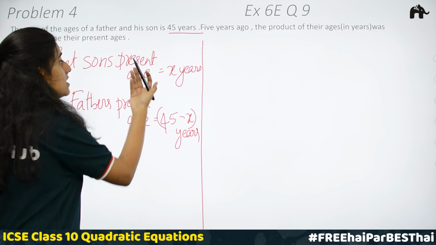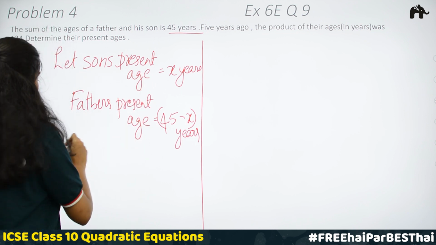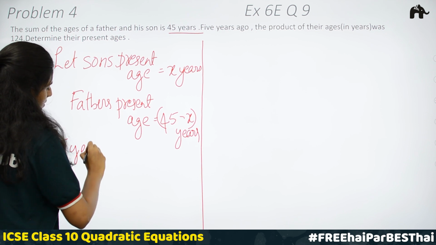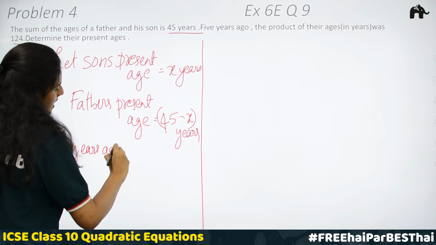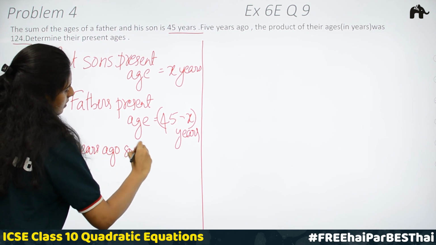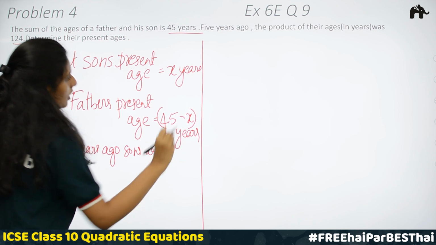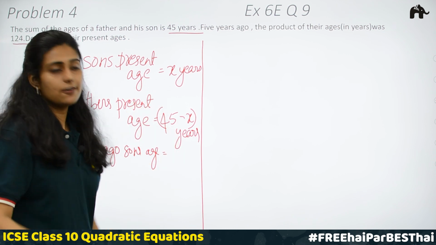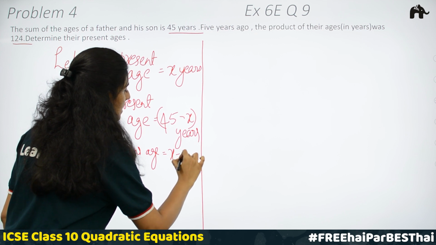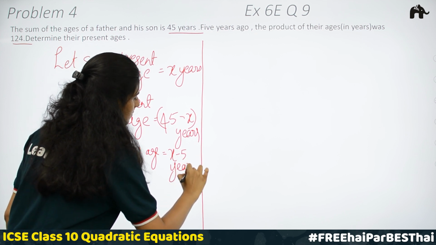5 years ago, what is son's age? 5 years ago, son's age is equal to present age minus 5. That is x minus 5 years.